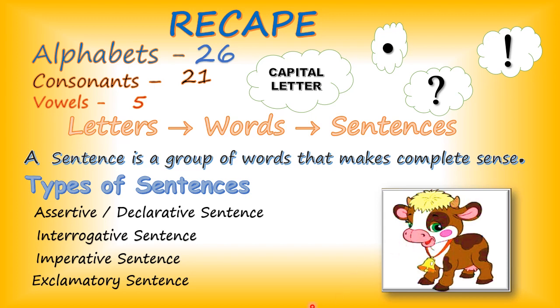Why is it an assertive sentence? Because it is stating something. It is telling something. And it is starting with capital letter A and ending with a full stop. Yes, children? Good. You remember everything. Now, this is another example of a sentence starting with a capital letter and ending with a full stop.